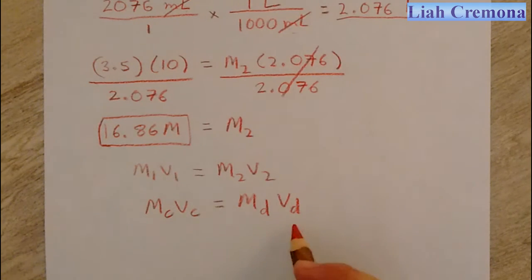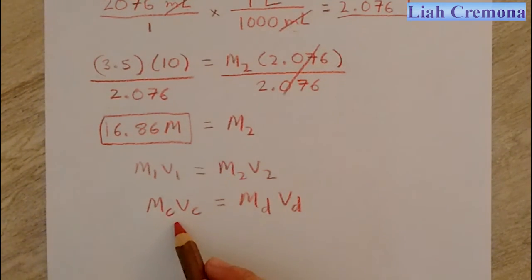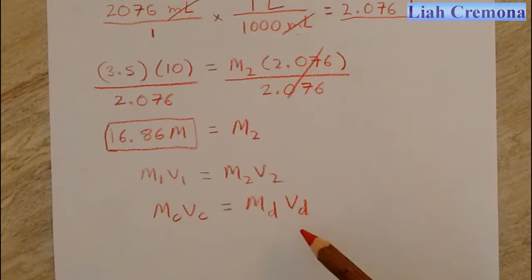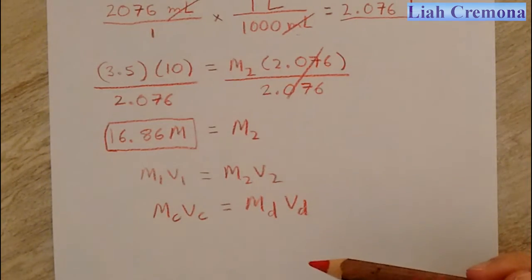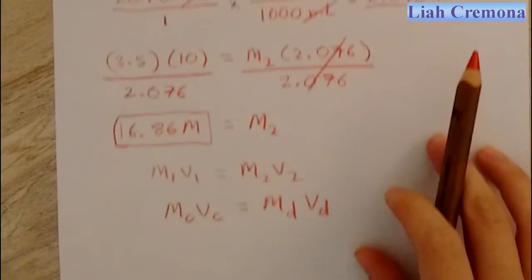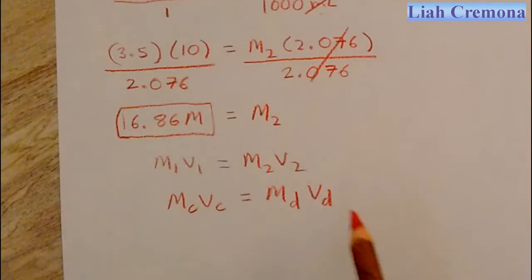So D, you can think of it as the diluted version. This is the concentrated version, and this is the diluted version. Personally, I prefer 1 and 2, which just shows the before and after. Because sometimes instead of dilution, as we saw in the previous examples, you will have evaporation. Because the equations work the same way, it is your personal choice whether to use 1 and 2 or C and D.